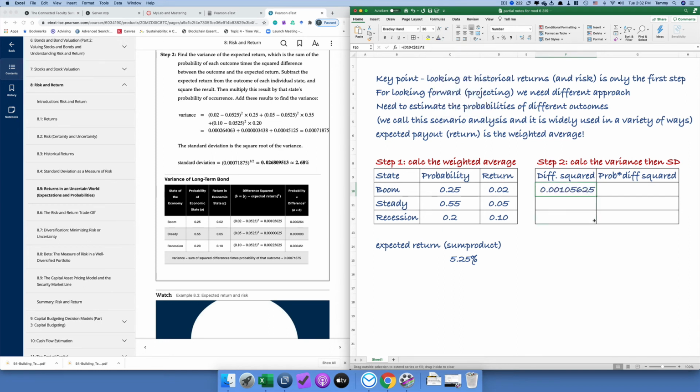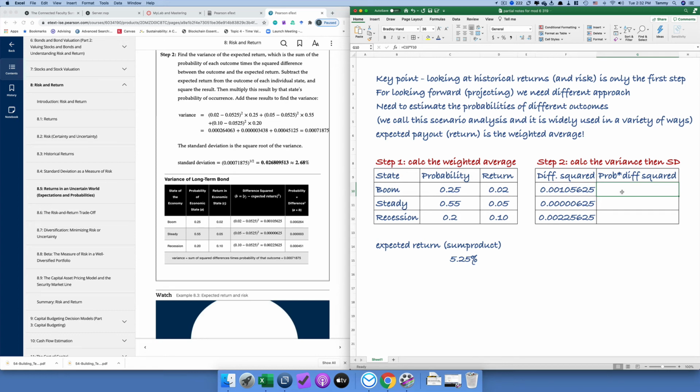The way you do that in Excel is with the caret sign, and that will square it for you. So it's the difference between our return and the expected return squared. That gives us our difference squared. And then you could do a whole column, which is the probability times the difference squared.